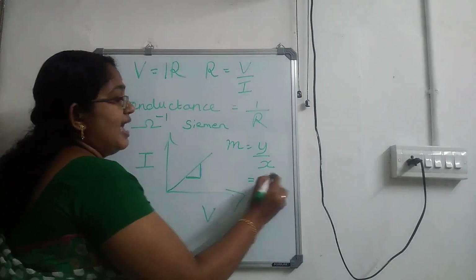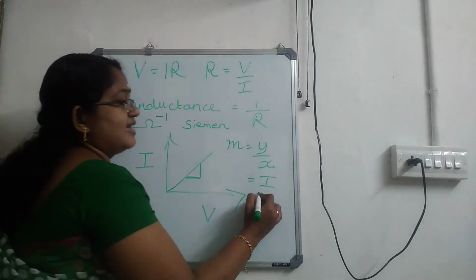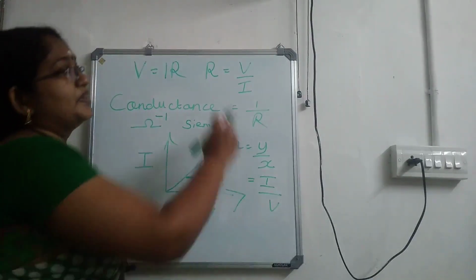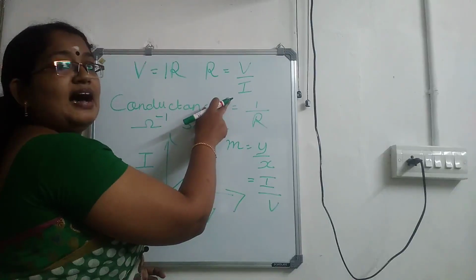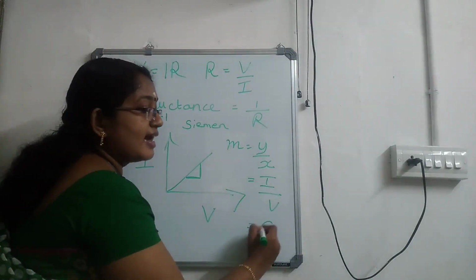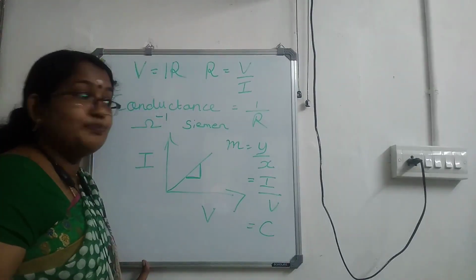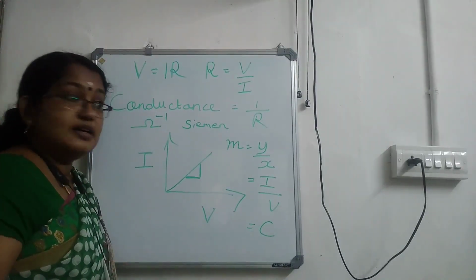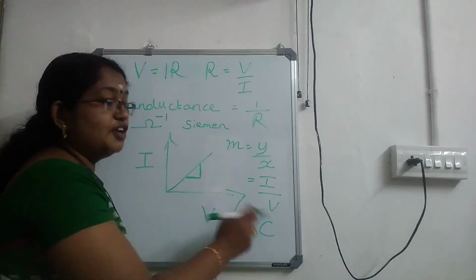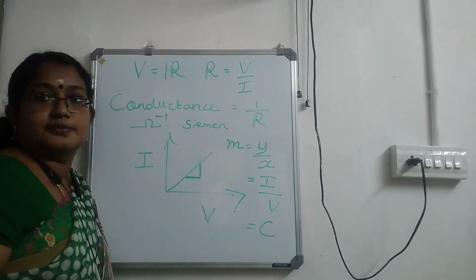It is I. And what is the quantity given in the x-axis? It is V. And do you know what is I by V? Resistance is V by I. So what is I by V? It is the conductance. Okay. So what do you have to remember from here? The slope of IV graph will give you the conductance.